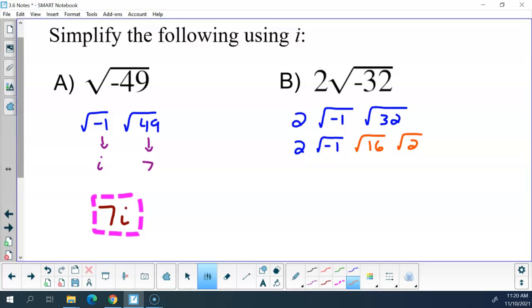If you would have done this as 4 times 8, that's great and all, but then you got to realize that 8 has another 4 in it. So you got to do 2 square roots of 4. There. Okay?